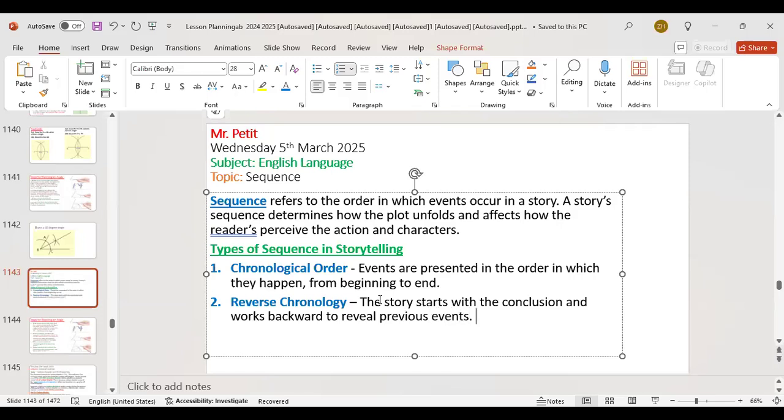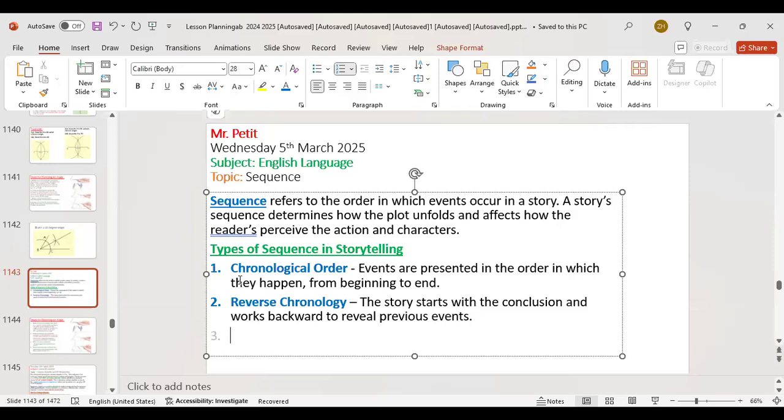So it could happen in chronological order, with this thing right after that, in the exact order. Or it could start off with the end and then work backwards. That's another way it could happen. All right, reverse chronology.